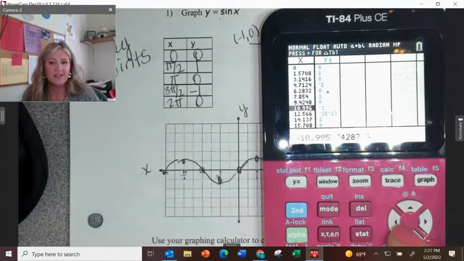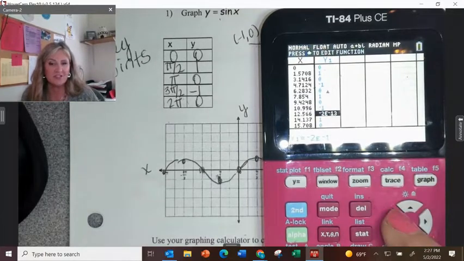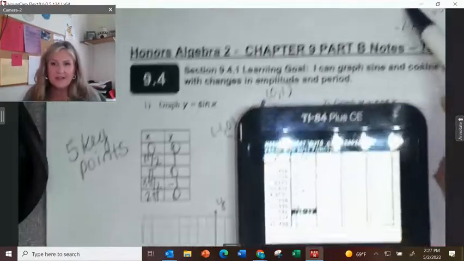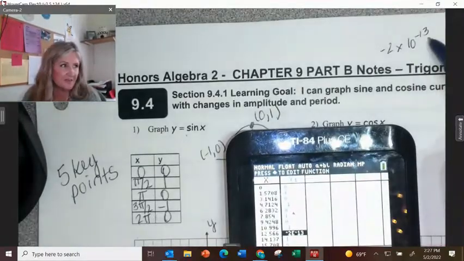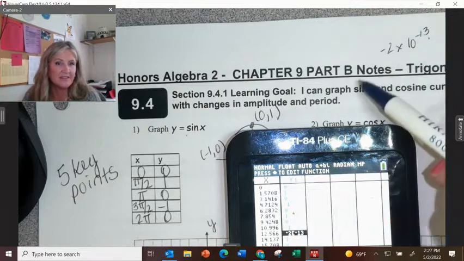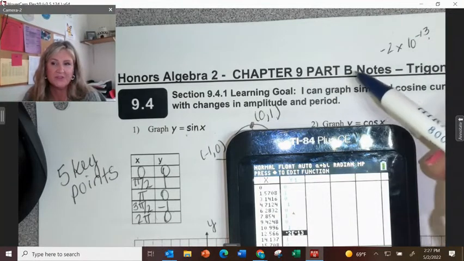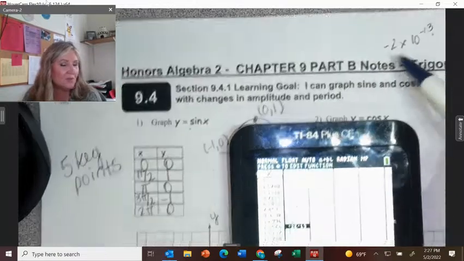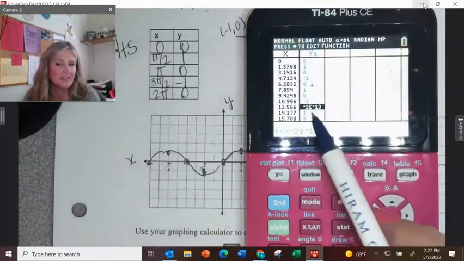Great question. He's talking about right here. Why is it not showing a 0 like it should? Well, this is -2 times 10 to the -13. What is -2 times 10 to the -13, really? It's -0.0000, all these zeros and then a 2. So basically, the calculator's trying to be too exact.